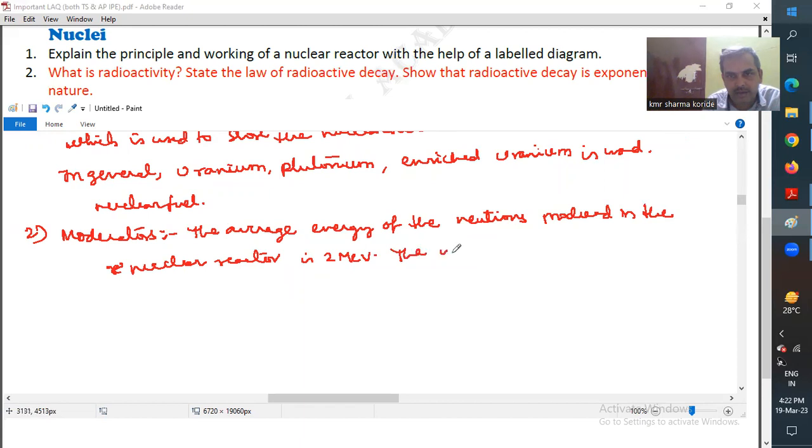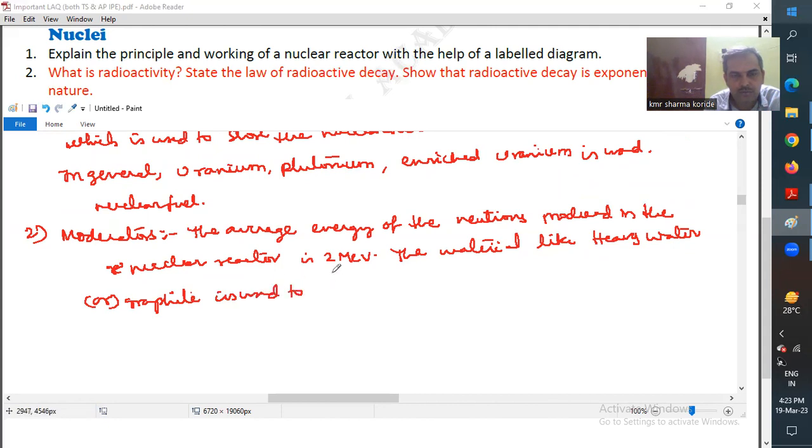Materials like heavy water or graphite are used to decrease the speed of the neutrons.